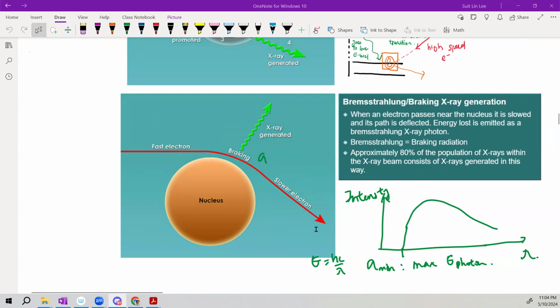Because the electrons slow down, the kinetic energy converts to X-ray. Because the electrons slow down at different rates, some of them slow down more, some of them slow down less, they will lose different kinetic energy. The one that loses the most kinetic energy will create the X-ray photon that has the most energy. Okay.